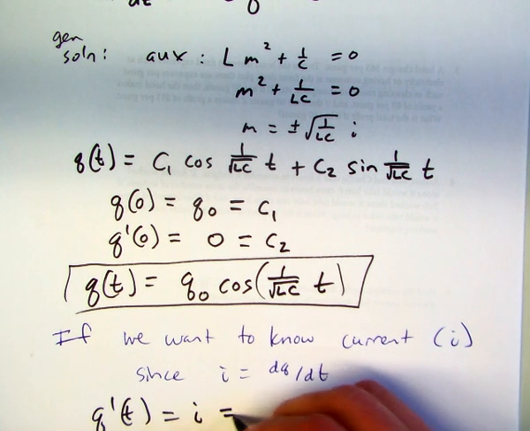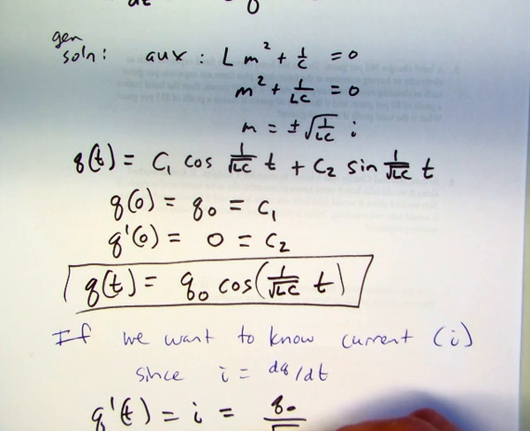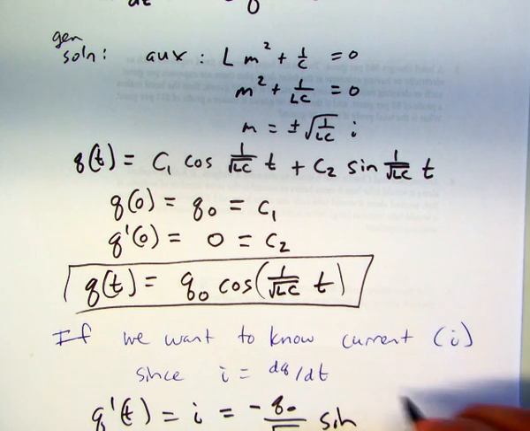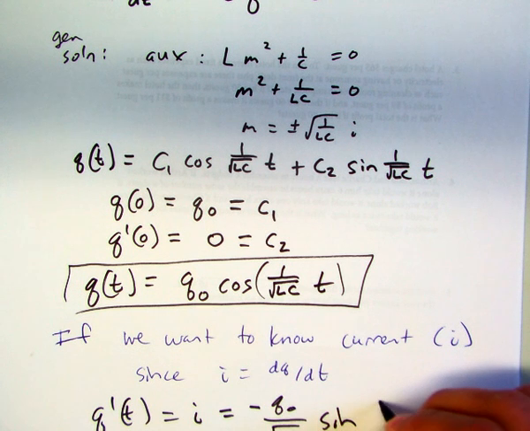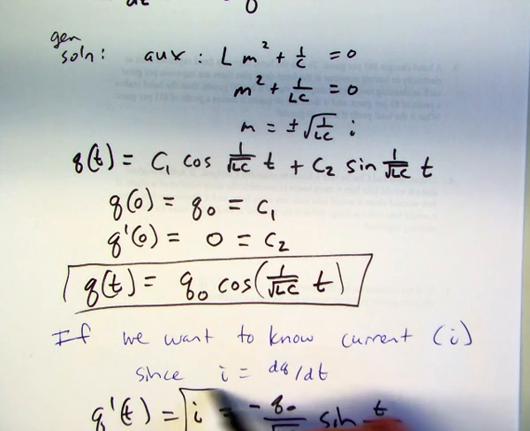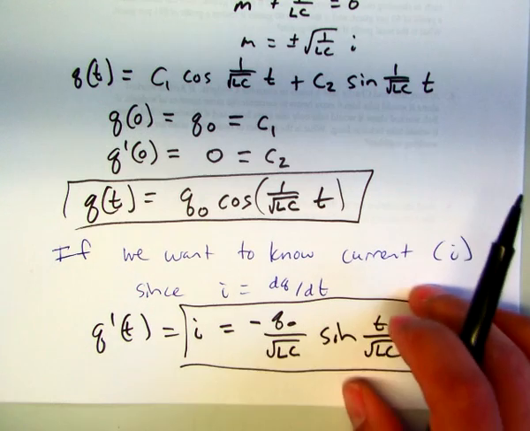What's that? So I'll put the negative here, and then sine of t over root LC. Looks good.